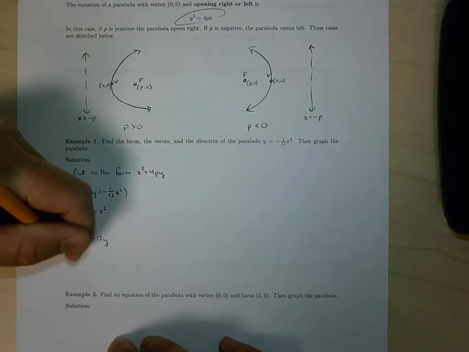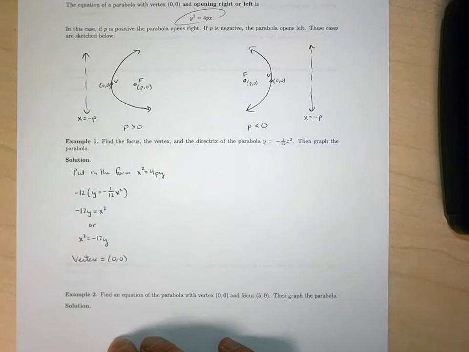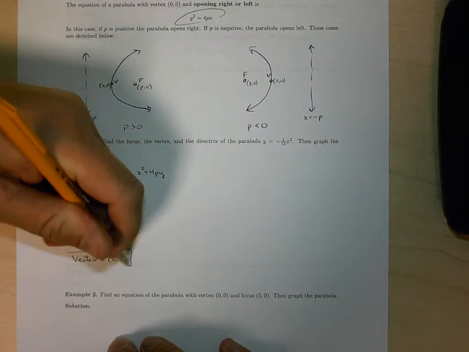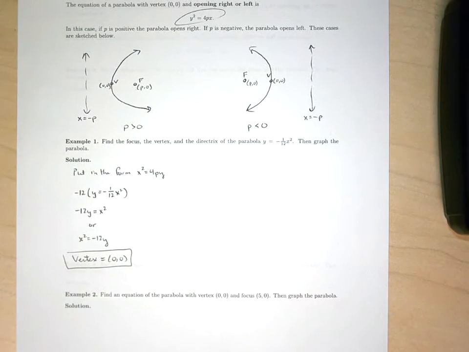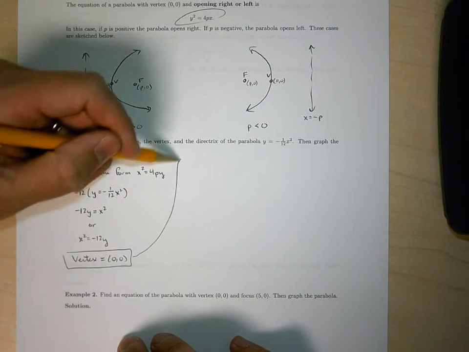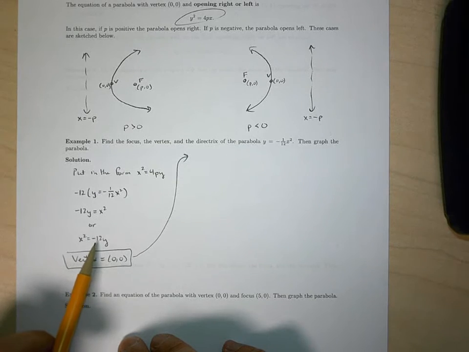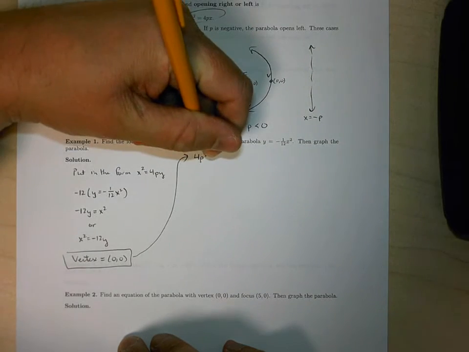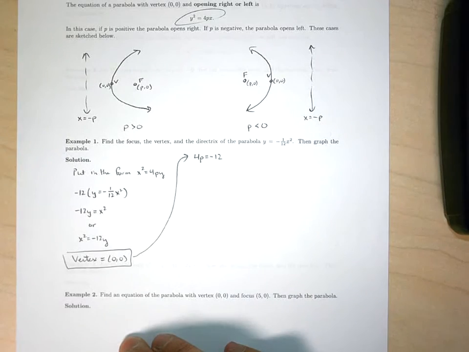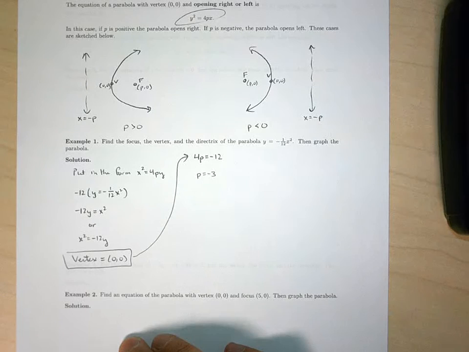The vertex here is 0, 0. When we just see a plain x squared and a plain y, the vertex is going to be 0, 0. We'll look at shifted parabolas in a little bit. Next we find the focus. The negative 12 on the right side is 4p. So if 4p is negative 12, then p is negative 3.